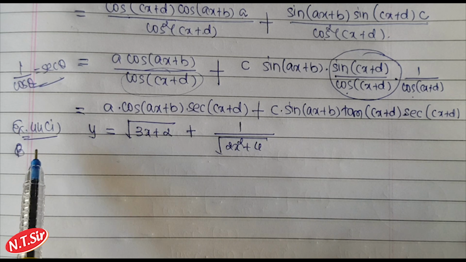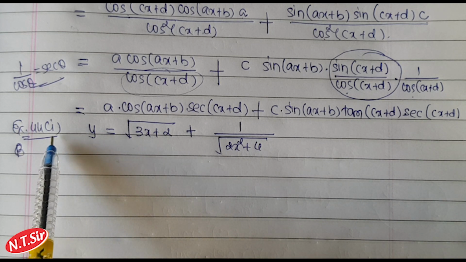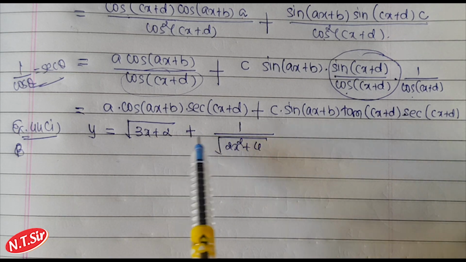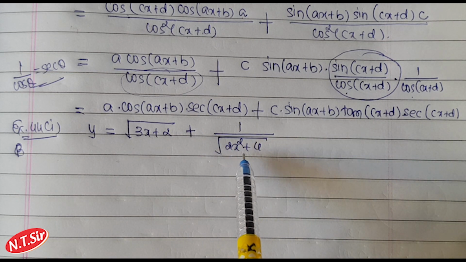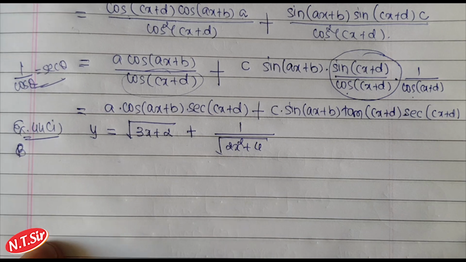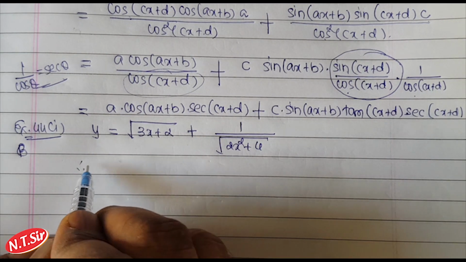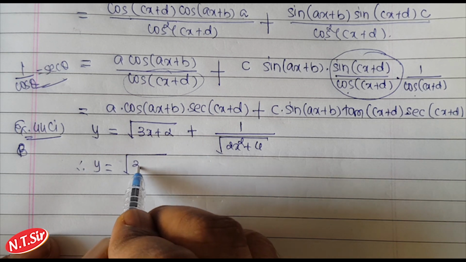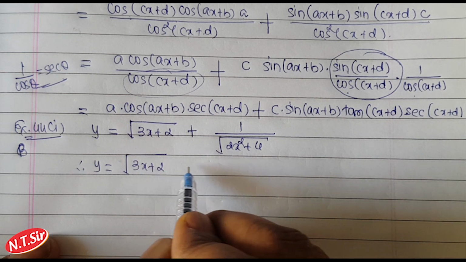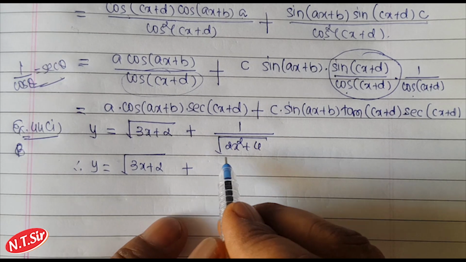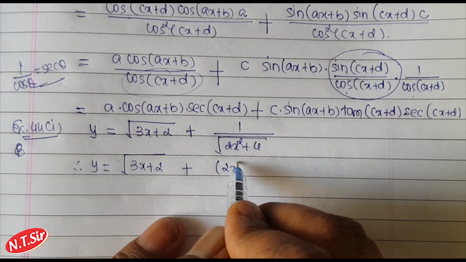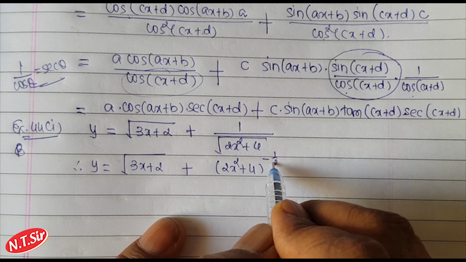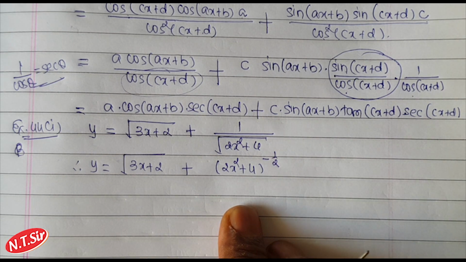Now example 44. First, y is equal to root(3x plus 2) plus 1 upon root(2x square plus 4). So this is y is equal to root(3x plus 2) plus (2x square plus 4) raised to minus 1 upon 2, right?